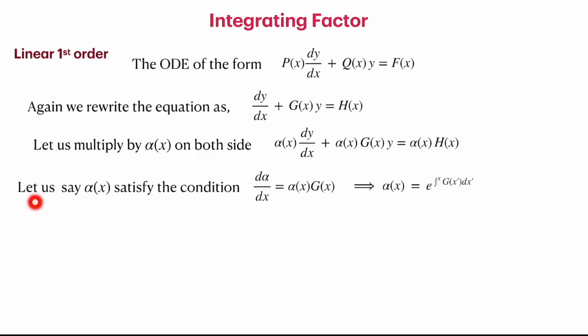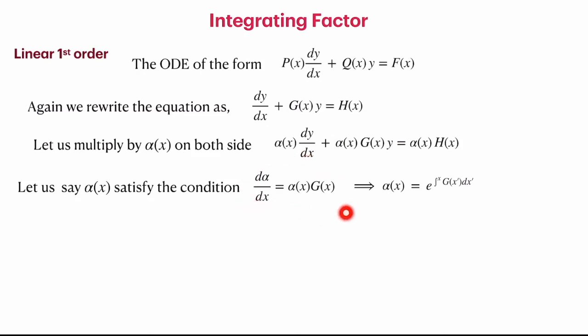Now let's say that alpha satisfies the condition that d alpha by dx is equal to alpha times g of x, such that this can be written as d alpha by dx times y. That is the main trick, so that this is made an exact differential equation.